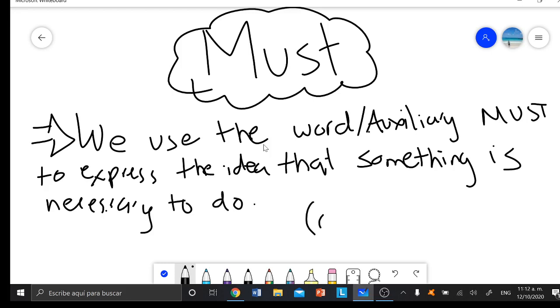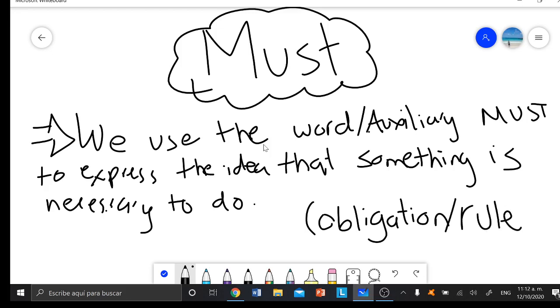Pretty much in simple words, this one is like an obligation or like a rule that we need to follow.